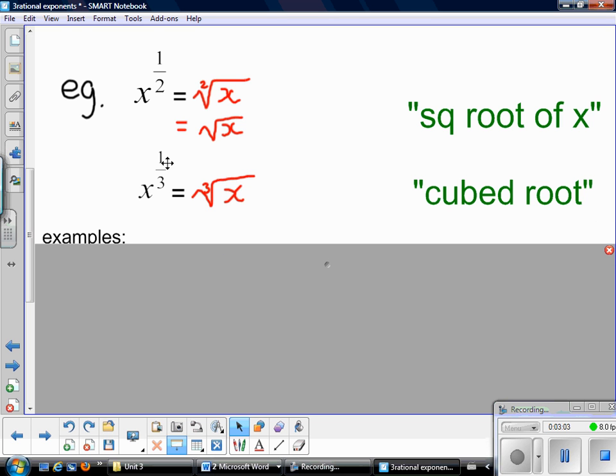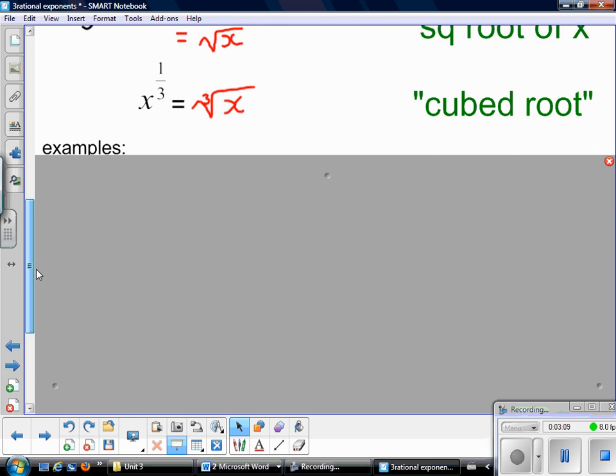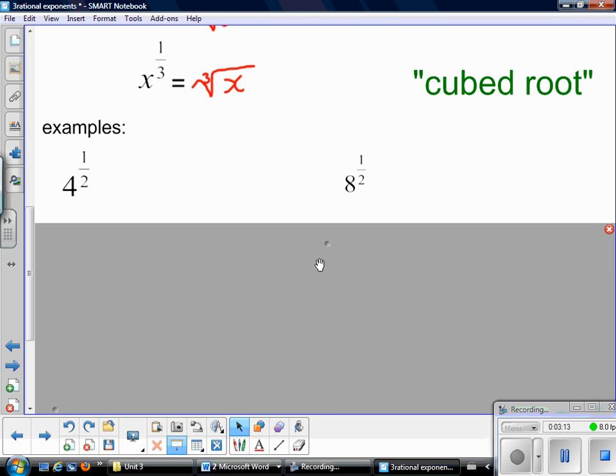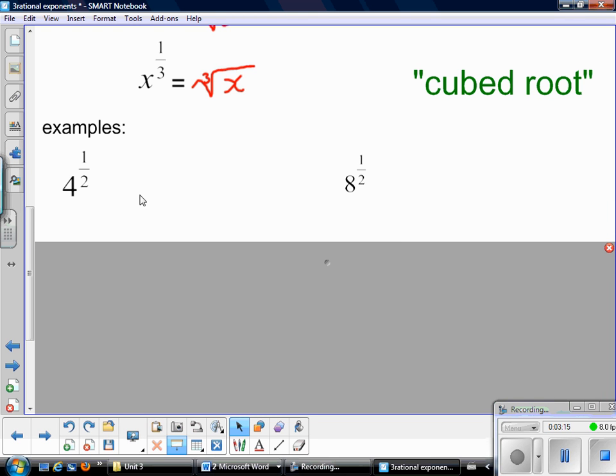However, it's possible that you could have the 4th root or the 5th root of a number. So let's take a look to see what's happening to these numbers when it's in this type of form. Okay, so the first one is 4 to the power of 1/2. So that is the square root of 4. And you know what that is because you've dealt with square roots.